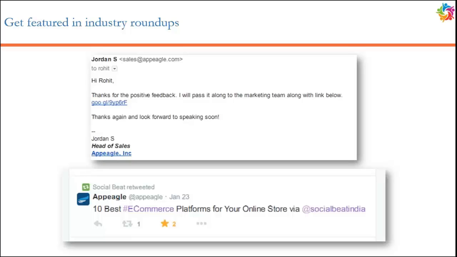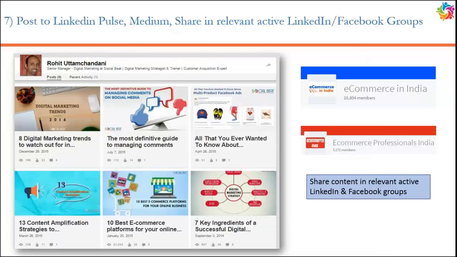Right. Next is number 7, which is to post to different platforms. Basically republish your content. Share it in groups, LinkedIn, Facebook groups. Publish on LinkedIn Pulse. So the screenshot you see on the left is a LinkedIn Pulse screenshot.